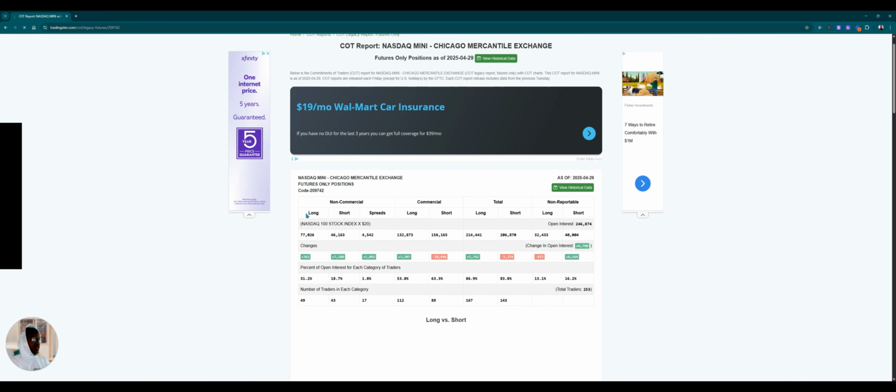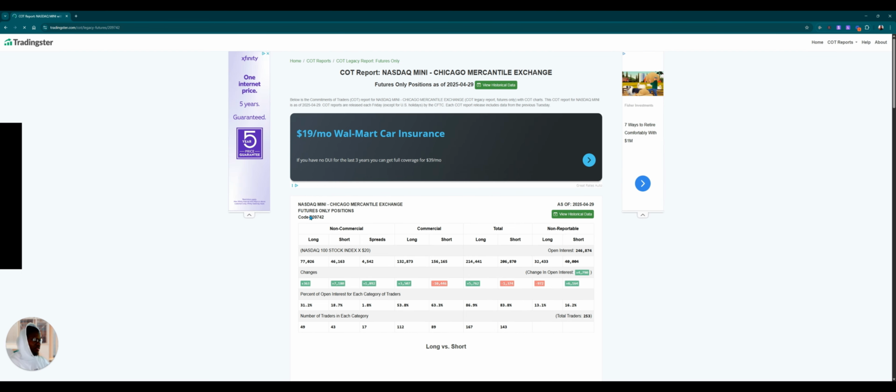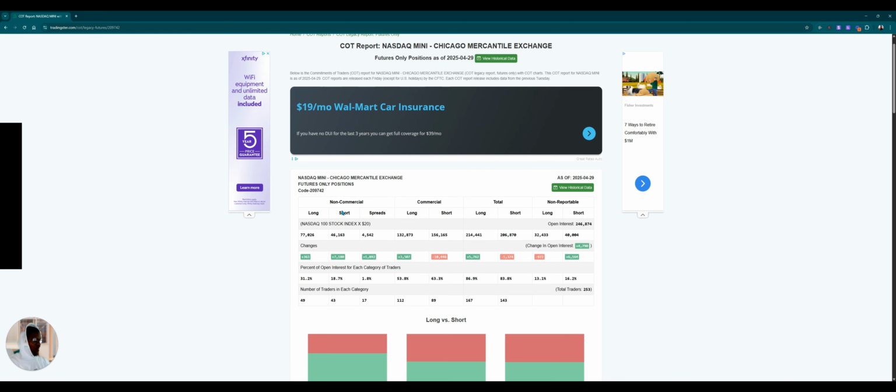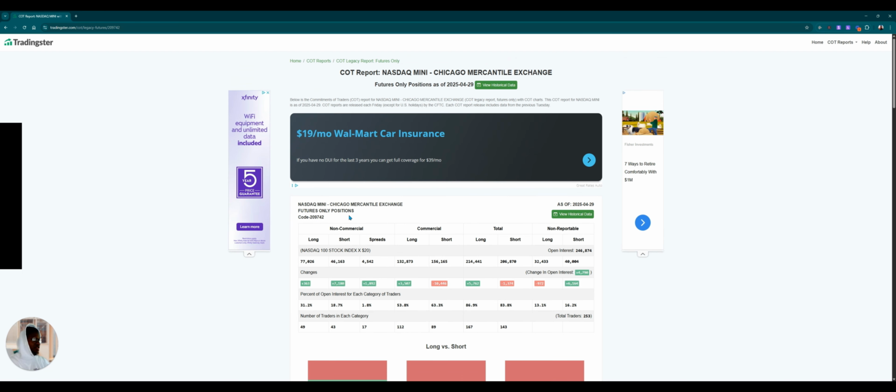Just ignore the ads. And you're probably looking at this chart and thinking, okay, what am I looking at? What does this mean? Don't worry, it's actually pretty simple, and I'm going to explain what each of these sections means. You're going to see non-commercial, commercial, total, and non-reportable. The only thing you really have to pay attention to is non-commercial, because non-commercial means the institutions that are trading for profit.